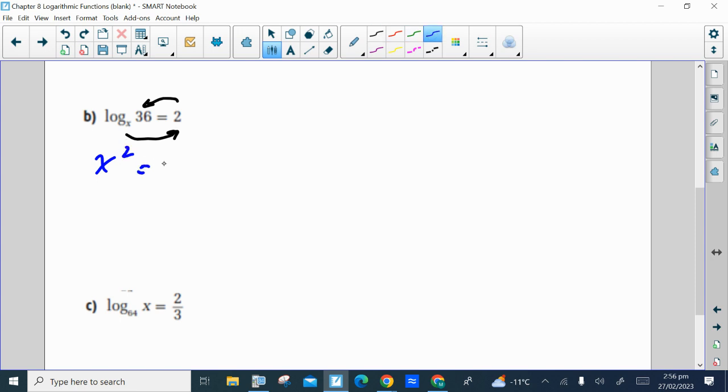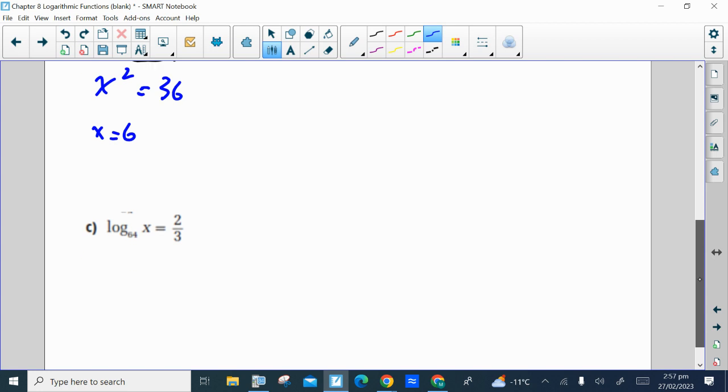And then after that, equals the last part, which is 36. Obviously, the answer here is 6, because 6 squared does equal 36. Log base 6 of 36 is asking, 6 to what power is 36? The answer is 6.